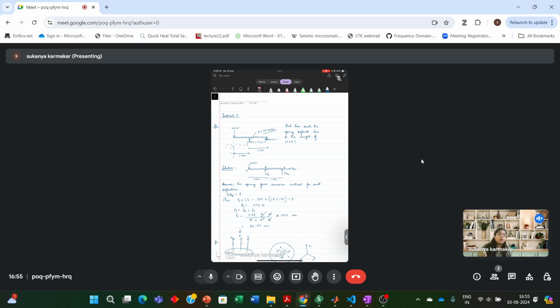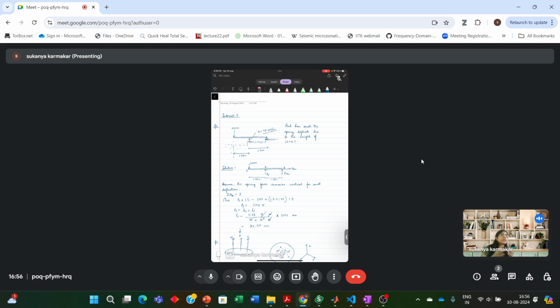I've tried to cover the concept of the mechanics of deformable bodies, where along with equilibrium you need compatibility and the force deformation relationship. You need to combine these three concepts to solve a question. We also solved a few questions involving friction.